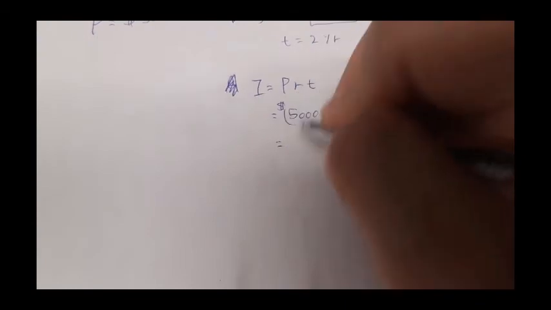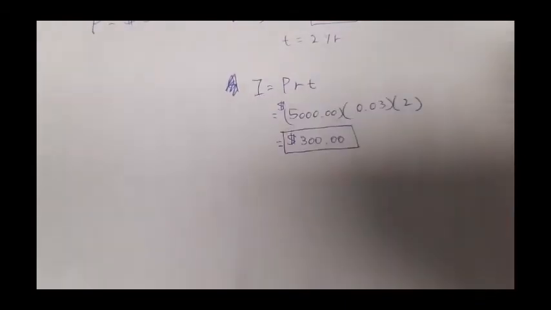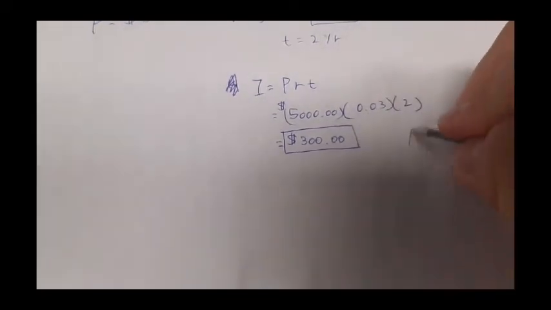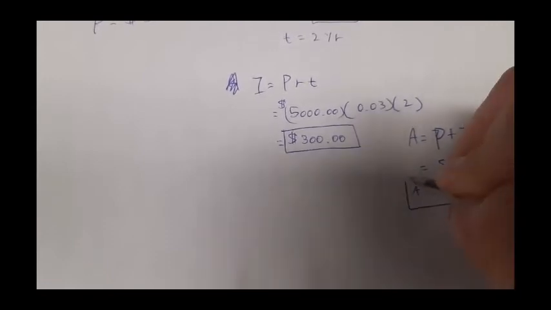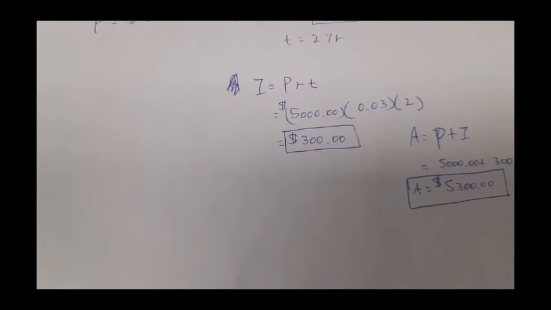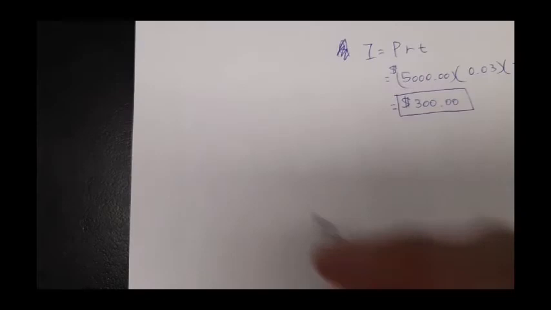That is how much you earn as interest in this investment. If you're talking about the total amount, A is equal to P plus I. So that's 5,000 plus 300, and $5,300 is what you have as the total. There you go. That is our first option.